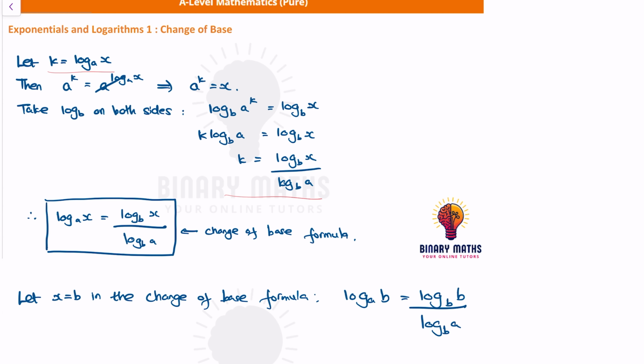Now log base b of b, which is the numerator, is just 1, because b to the power of 1 is equal to b. So we have 1 on the numerator over log base b of a.